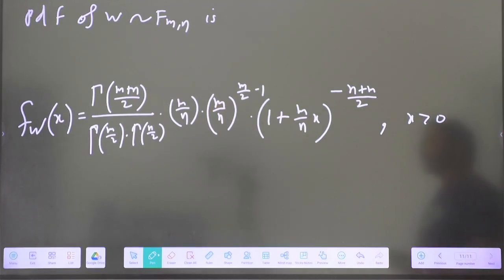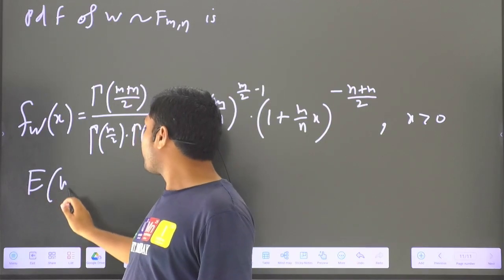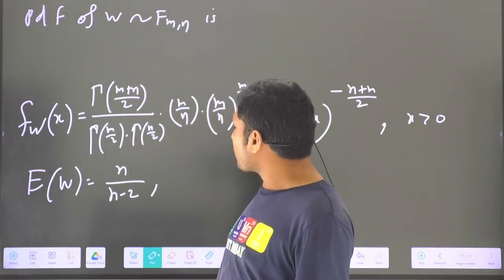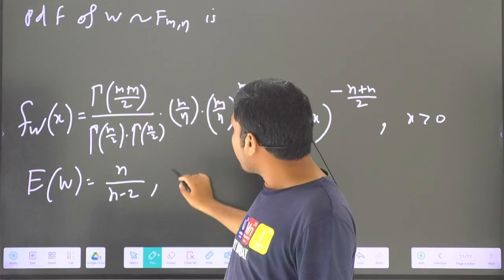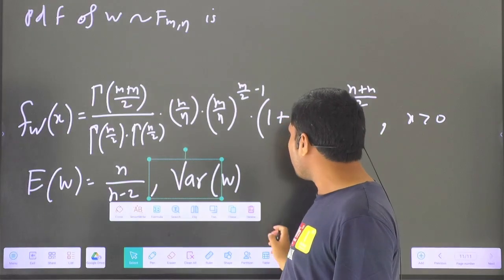So what is the expectation of W? If you find the expectation of W, it will be n upon n minus 2. If you find the variance of W, again n should be more than 2.